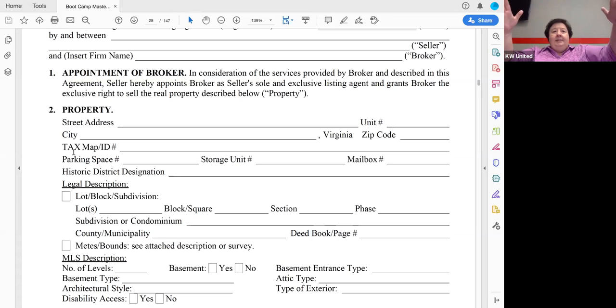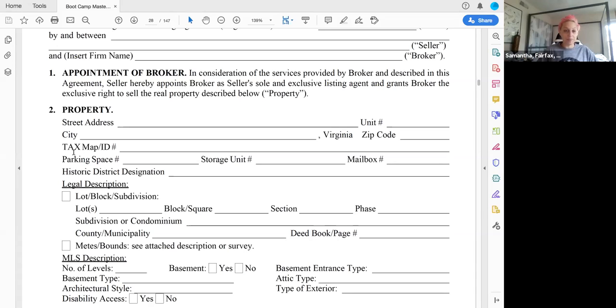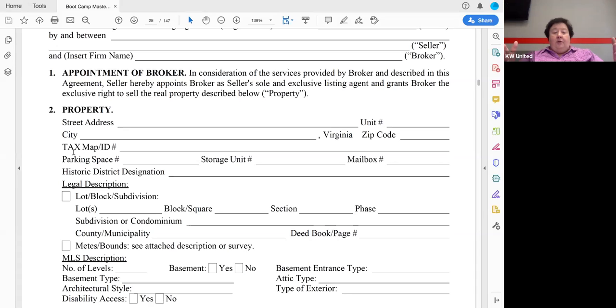So they have the same zip code, but they refer to it as Oak Hill as far as the mail goes, but the tax record still may have Herndon, okay? So when I run into those situations, I always double check with the title company and say, is it okay if I put in Oak Hill here, even though the tax record says Herndon.